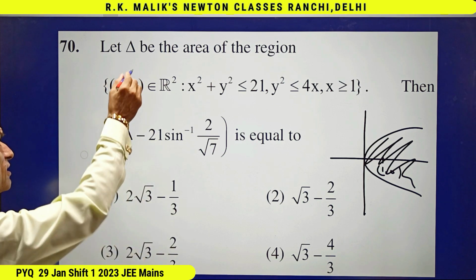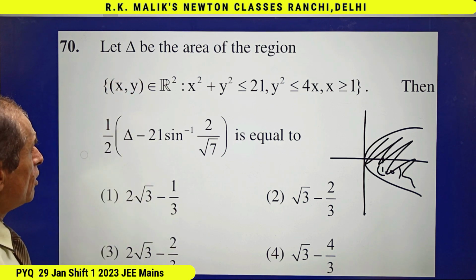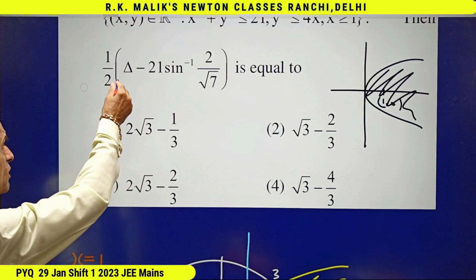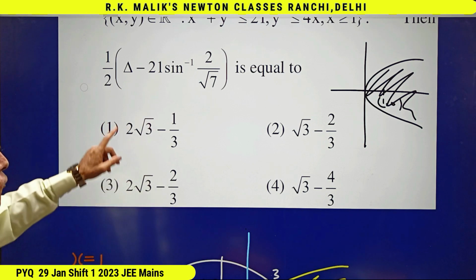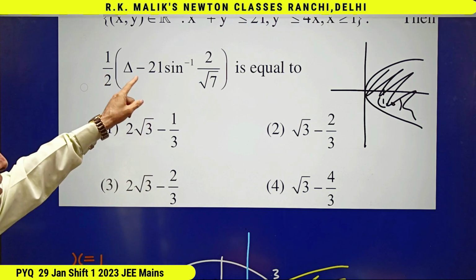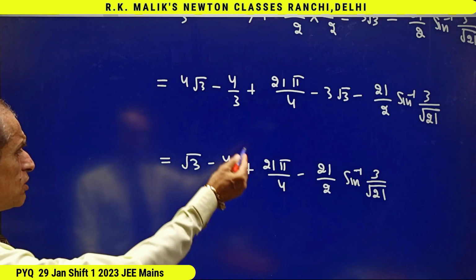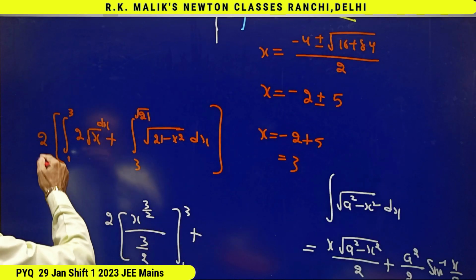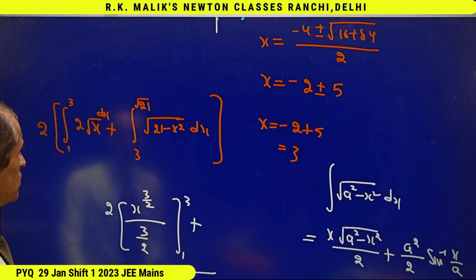According to the question, delta is denoting the area of the required region, that is the shaded region. Here we have to find the value of delta by 2 minus 21 by 2 this. Actually the answer we have got is the value of the interior portion. Into 2 is also to be done.